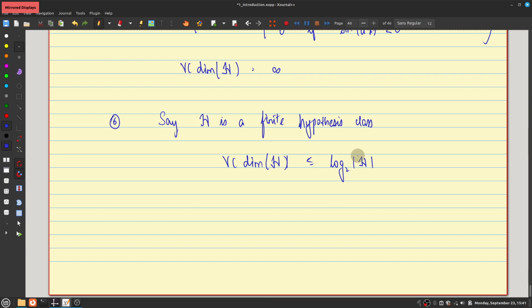Not necessarily, right? It depends on how the hypothesis class behaves. We know that the hypothesis class is finite.